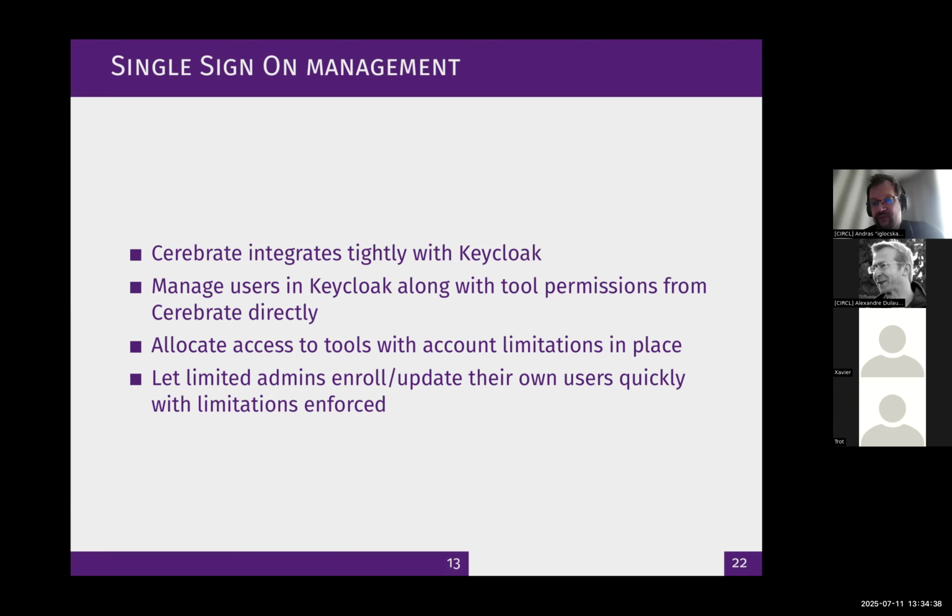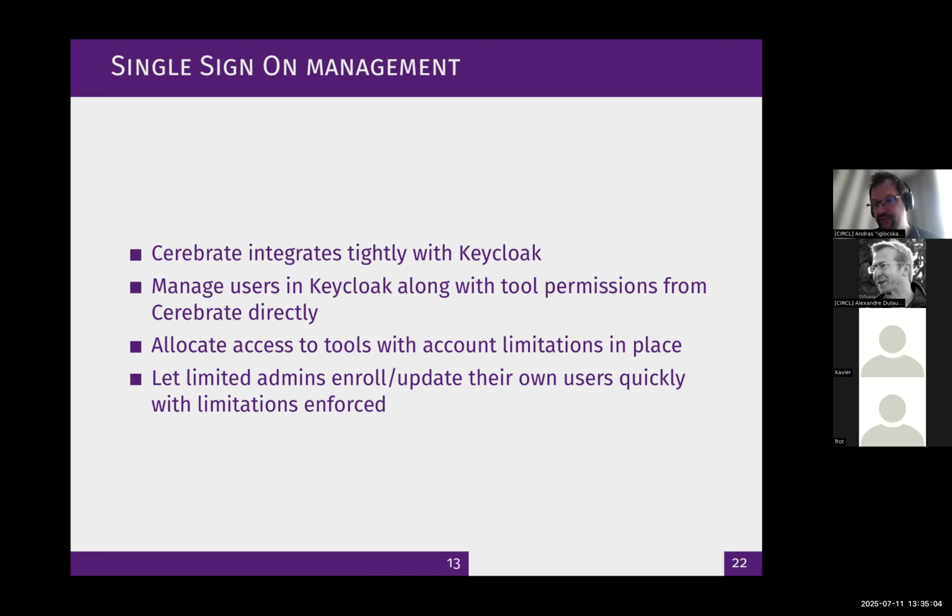So if you want them to manage, for example, their quota of X number of access accounts to your Jira instance, for example, that you give to your peers, you can absolutely do that through Cerebrate. Also, you can enforce limitations on your members through this.